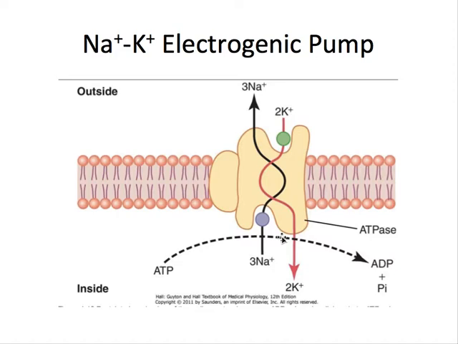And then it has two receptor sites for the binding of potassium ions on the outside. And the inside portion of this protein also has the ATPase activity, meaning it has the enzymatic activity to break down or split the ATP into ADP and energy.